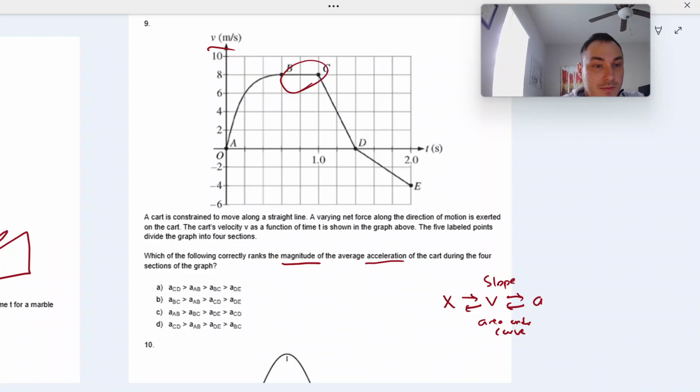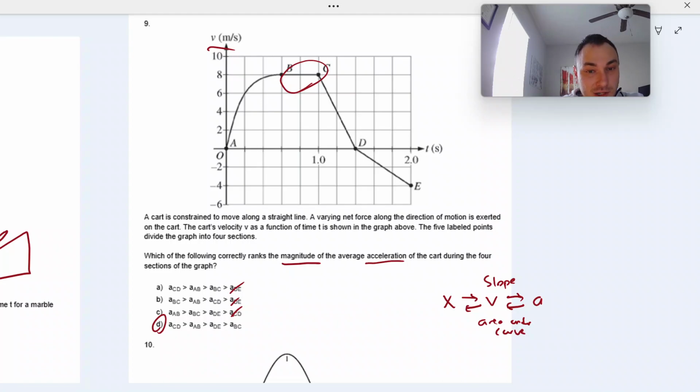Since we're ranking magnitudes, that should be the lowest one. So we can already narrow it down by crossing out the choices that don't have the acceleration of B to C as the lowest. Only D is correct here.